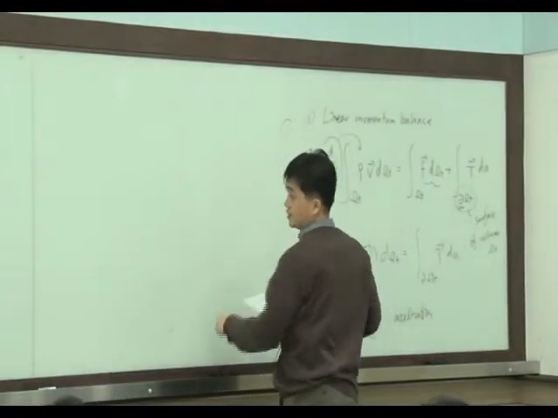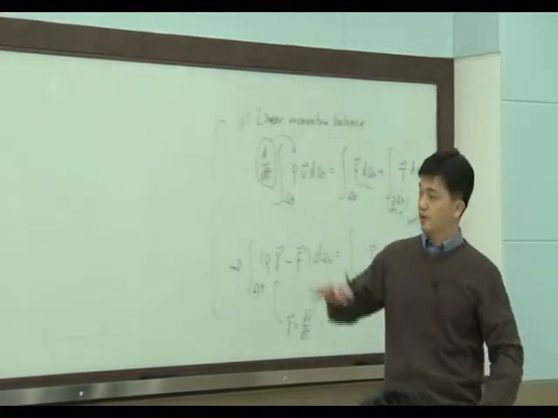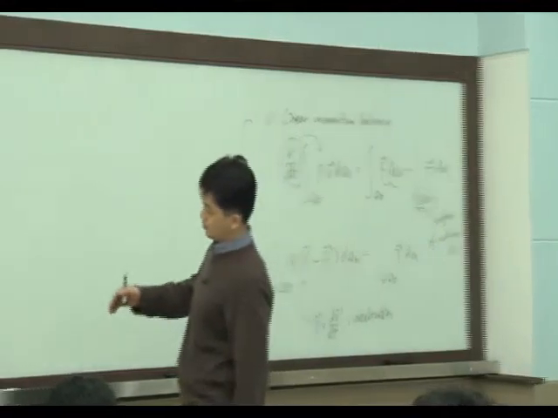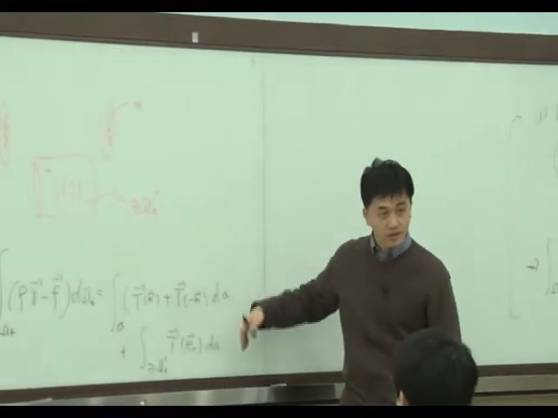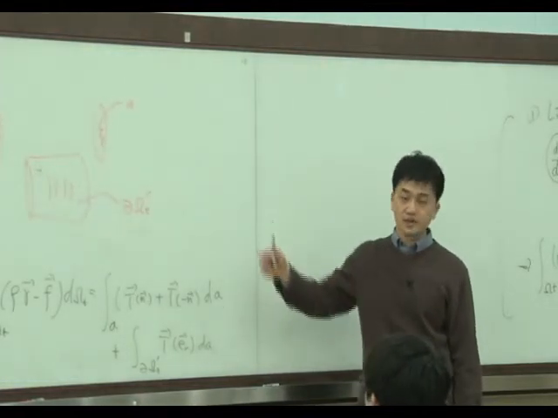So the left hand side is the volume force, body force. The right hand side is surface force. So on the right hand side we have three tractions corresponding to three surfaces, right?